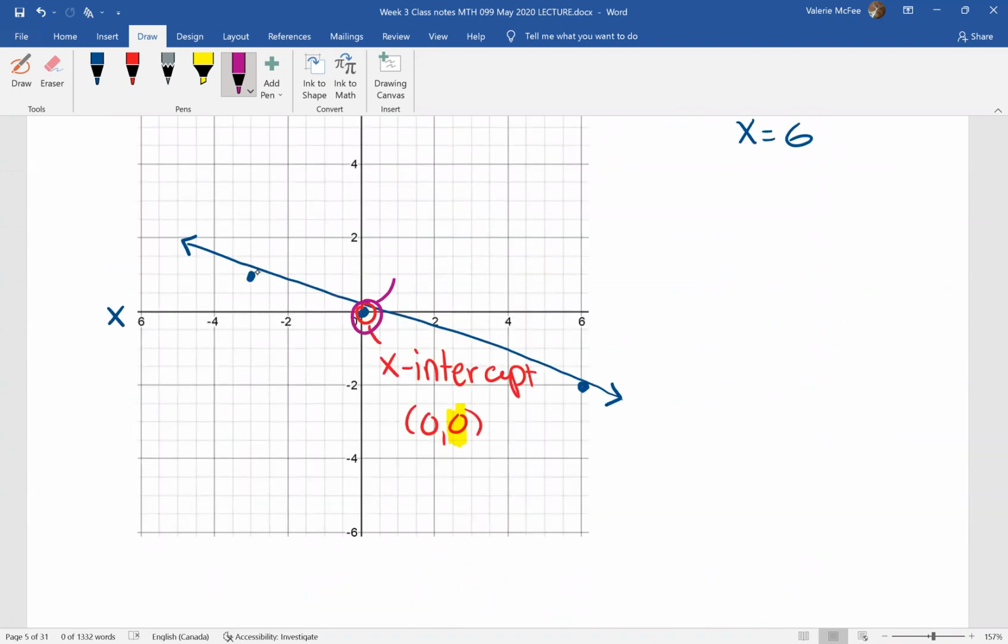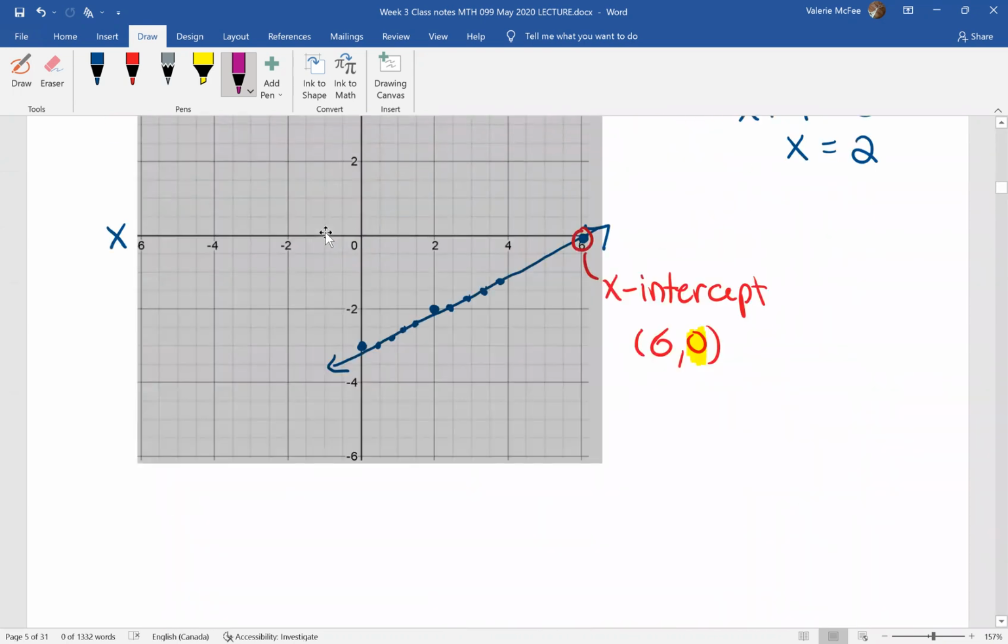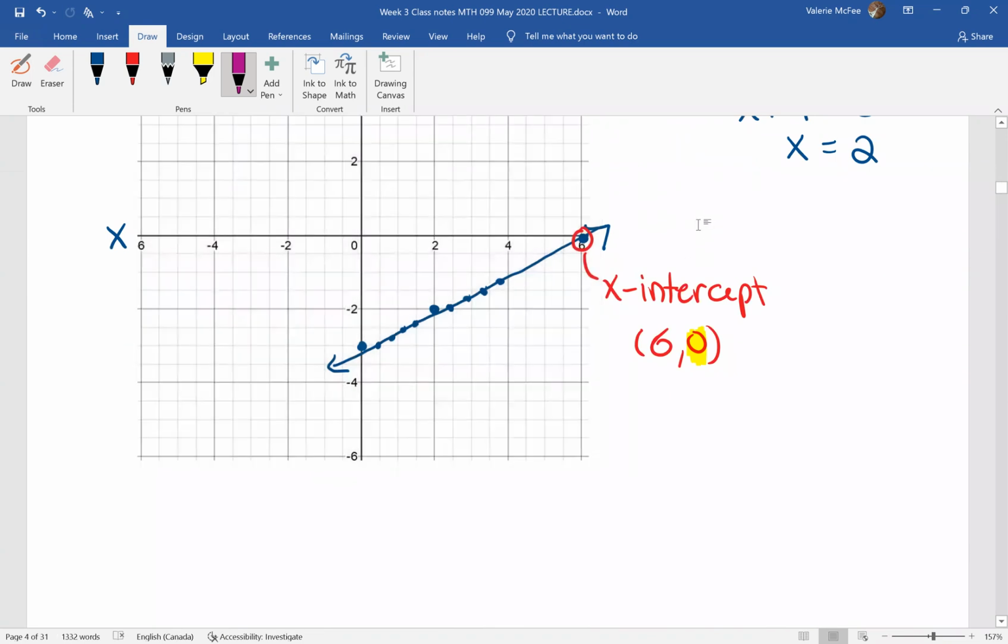This is also our y-intercept at the origin 0, 0. We have a y-intercept here, at that ordered pair, 0, -3.